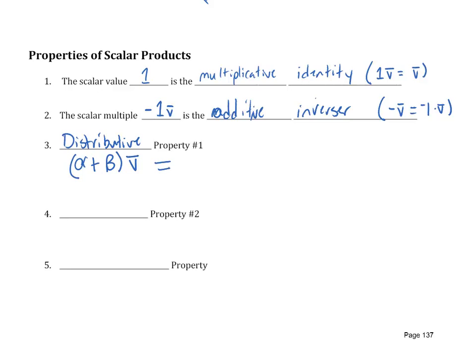You actually get the same answer as if you were to scale v by alpha first, and then scale v by beta second, and then add the two results together. You can distribute vectors over scalar addition.